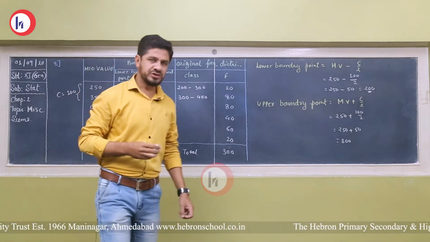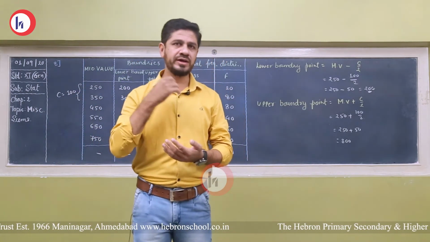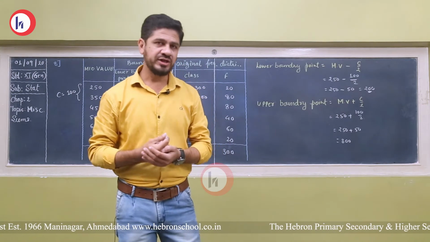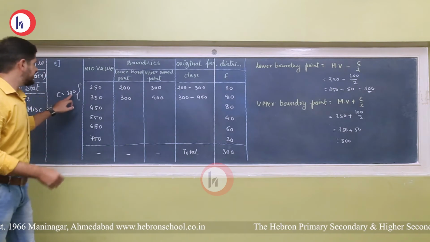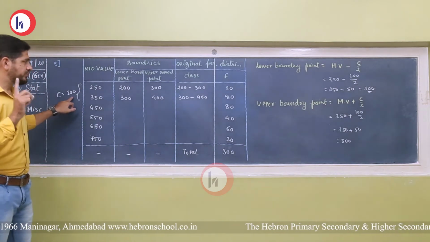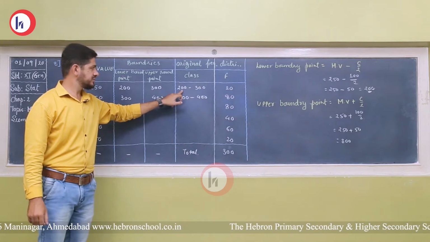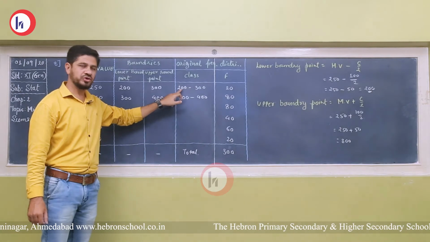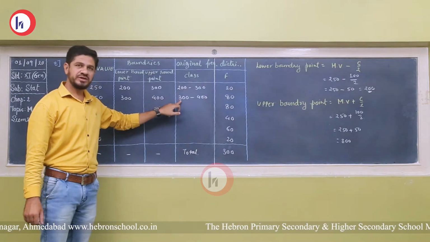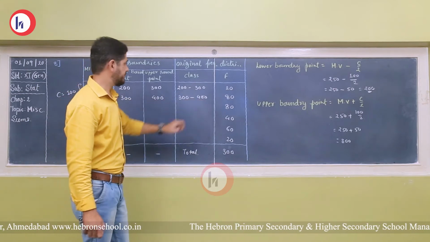Now friends, it is not compulsory to find the lower boundary point and upper boundary point each time with the help of the formula. As we know the class length is 100, once we find the first class, you just need to add 100. So for 200 to 300, add 100 to the lower boundary point, that is 300, and 100 to the upper boundary point, that is 400.